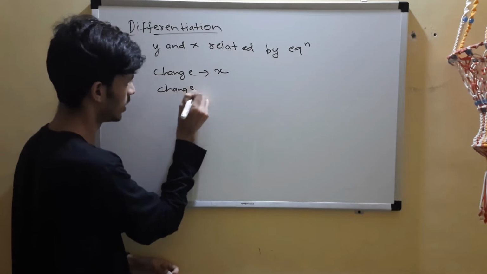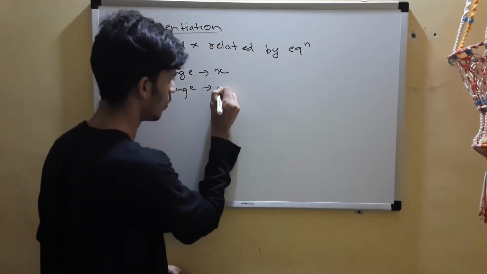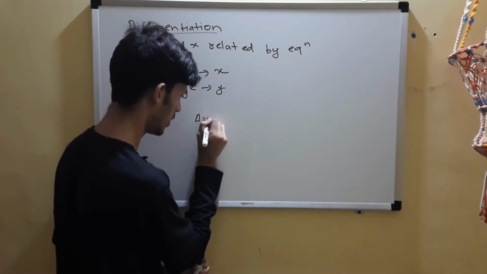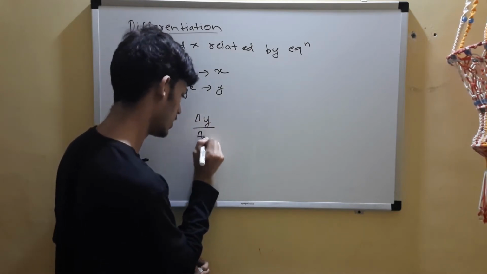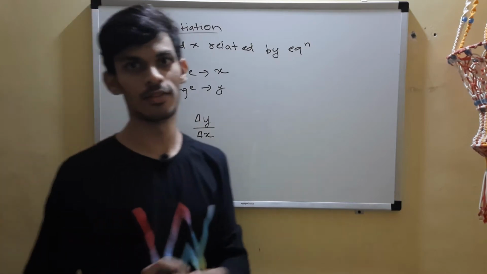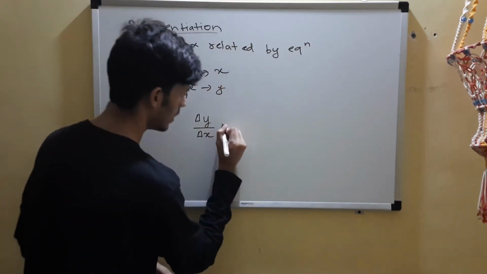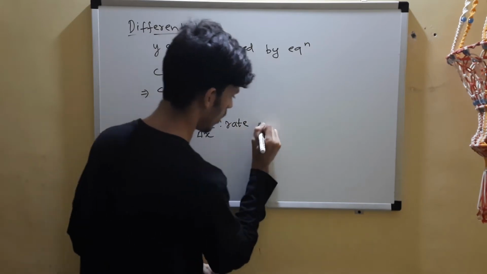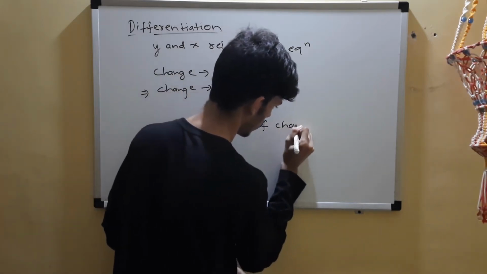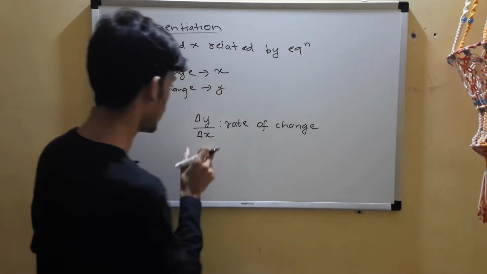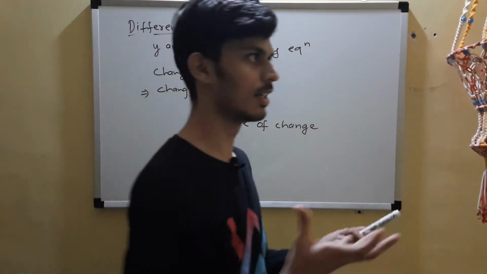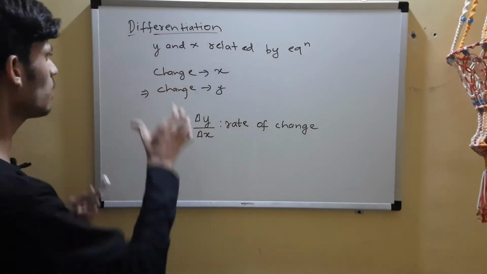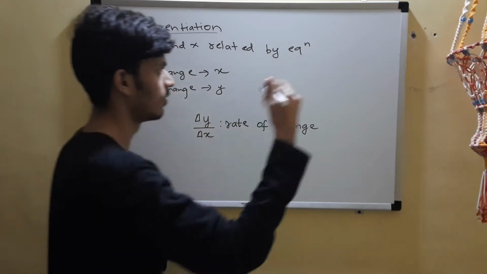So there will be a change in the value of y, and the expression change in y divided by change in x gives us the rate of change, how fast the change is. So change in y by change in x provides the rate of change of y with respect to x.